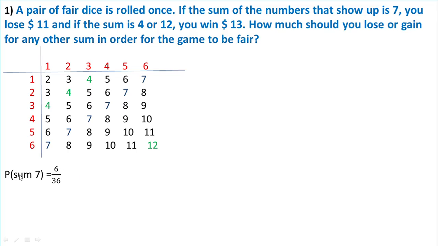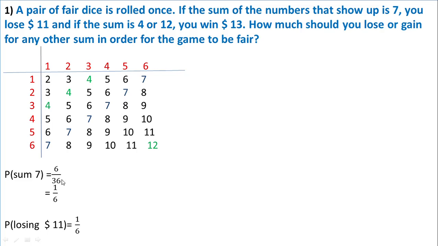So the probability of the sum being 7, we count them. The 7s: 1, 2, 3, 4, 5, 6. So we have 6 out of our sample space, 6 times 6, 36. If you add up all these figures in here, they'll give you a total of 36.